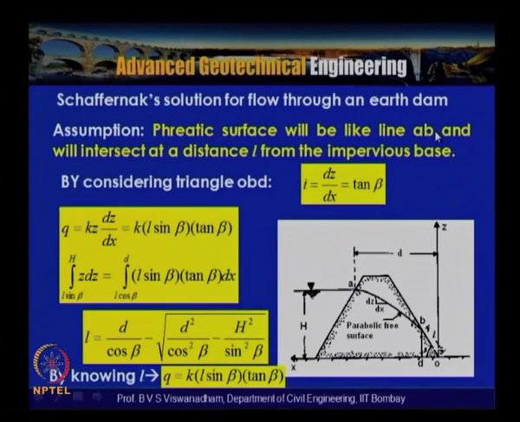So in the Schaffernak solution, the phreatic surface was assumed to be like a line AB and will intersect at a distance L from the impervious base. So to some extent, what Dupuit could not consider has been improved in this particular solution.